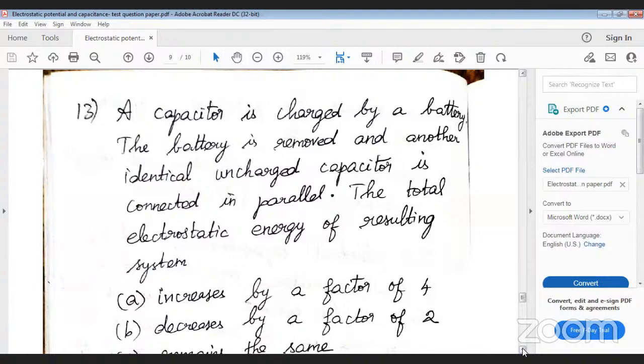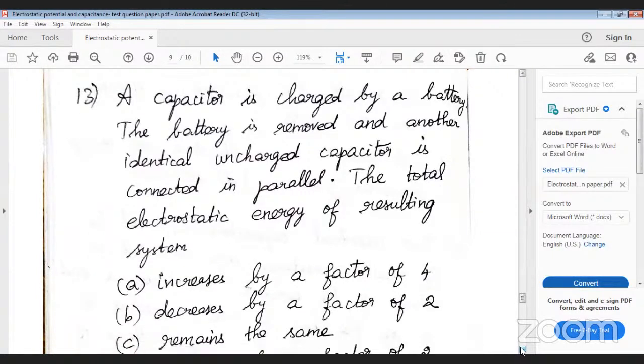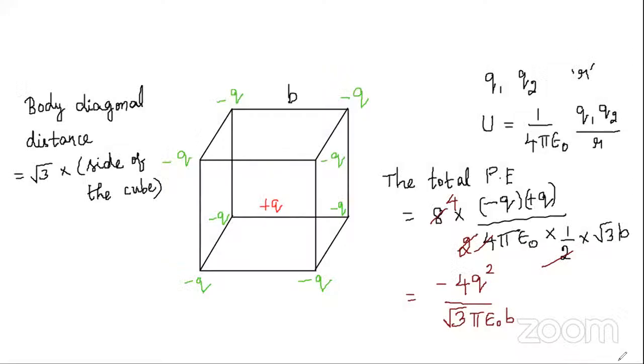Okay, so initially, before that, let me open the whiteboard and move on to the next page. Initially, they have a capacitor and they are charging this. So the initial energy U1 is half into CV square.